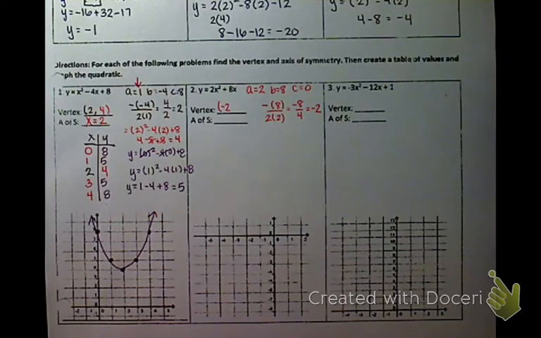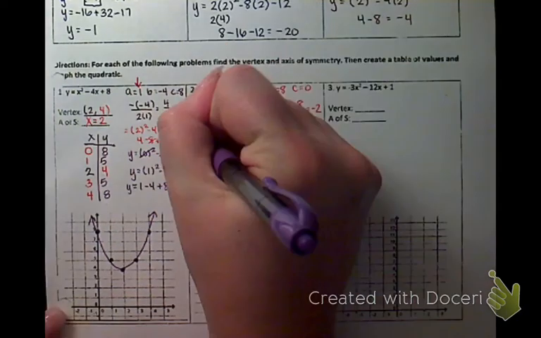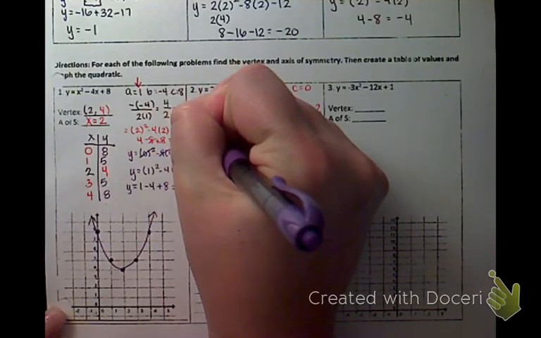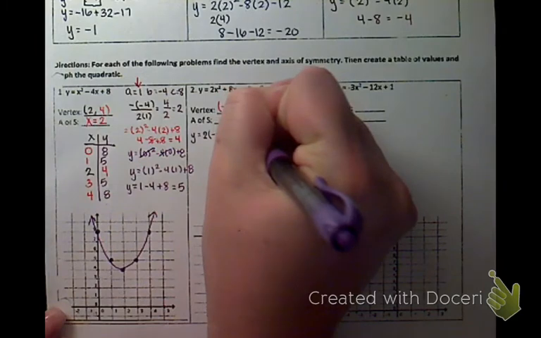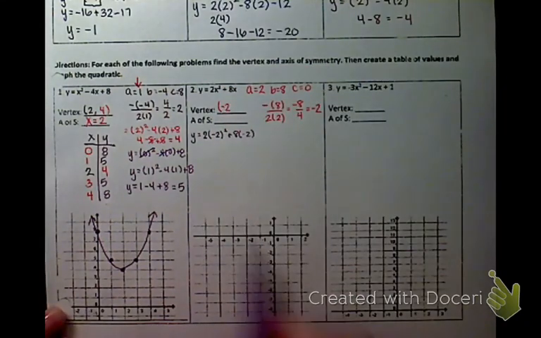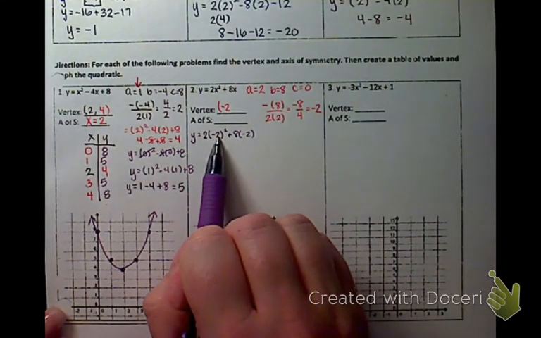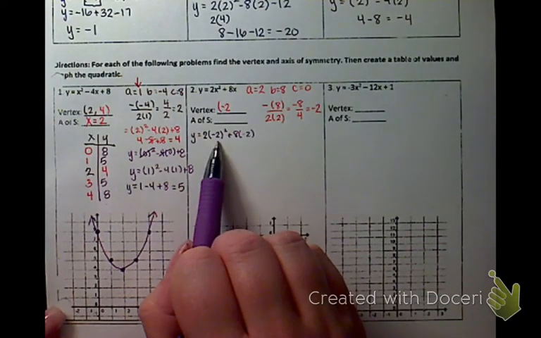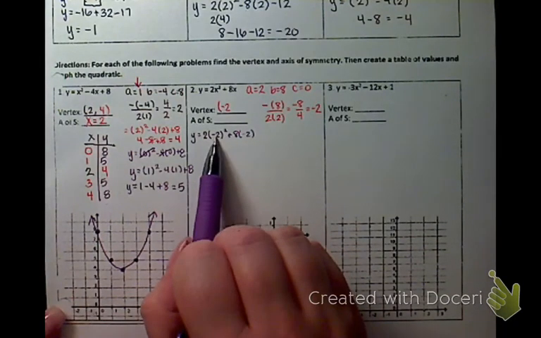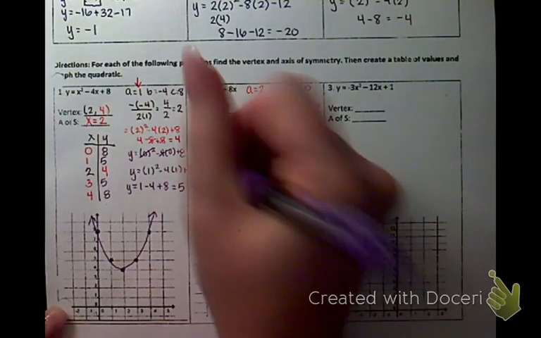Again, we're going to take it and plug it in. So y equals 2 times negative 2 squared plus 8 times negative 2. Again, exponents first. And one thing that we were seeing as a mistake is when you square a negative number, it becomes positive. So negative 2 squared is a positive 4.